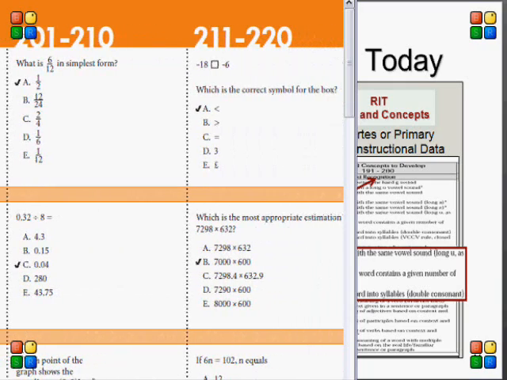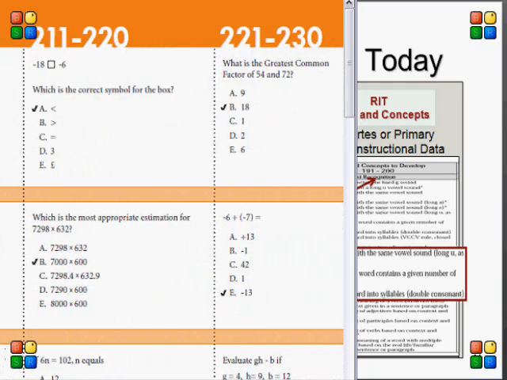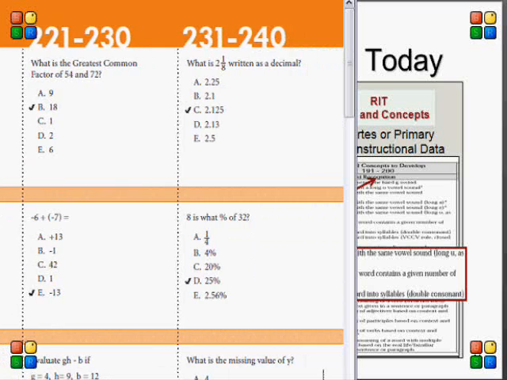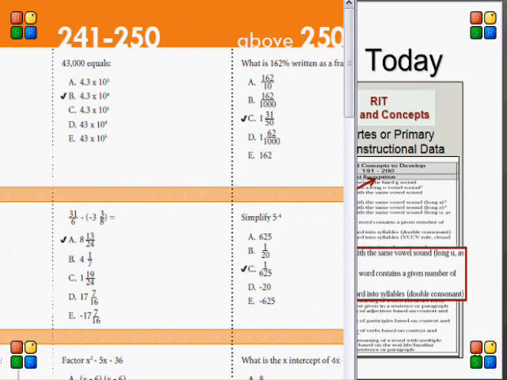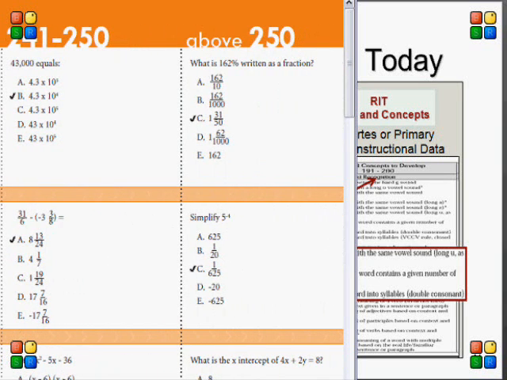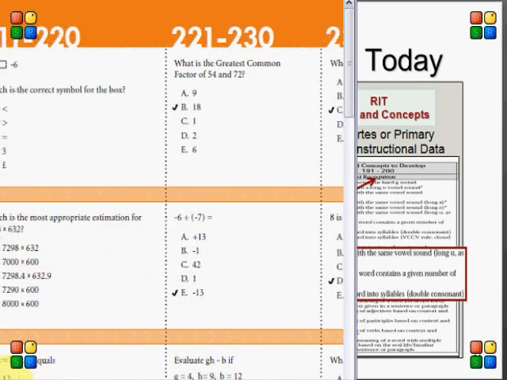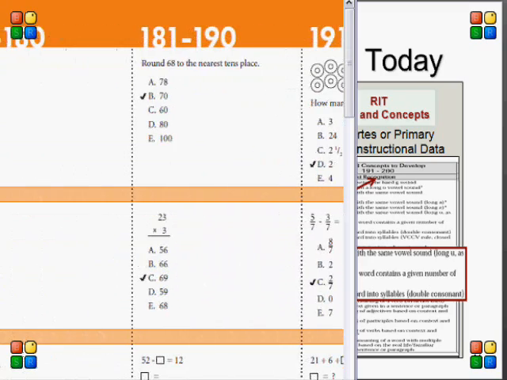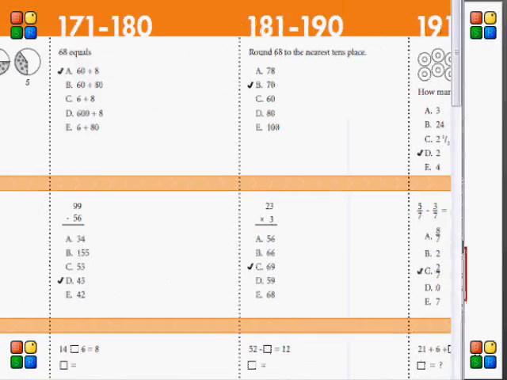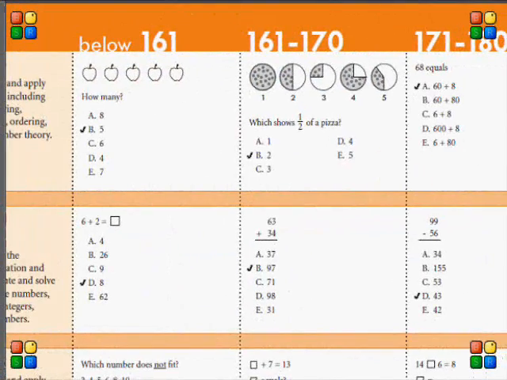Now I'm looking at fractions again in simplification. Now I'm looking at algebra. And now I'm looking at even more complicated mathematical skills, all the way up to above 250. And as you can see, this really gives a detailed blueprint of how math skills, in particular in this case, number sense, develops.